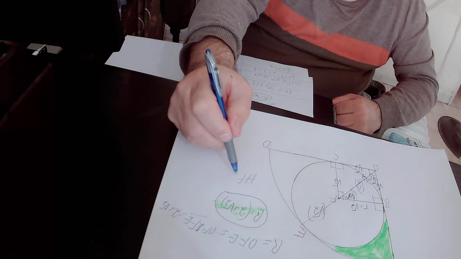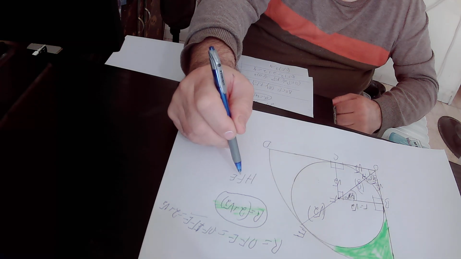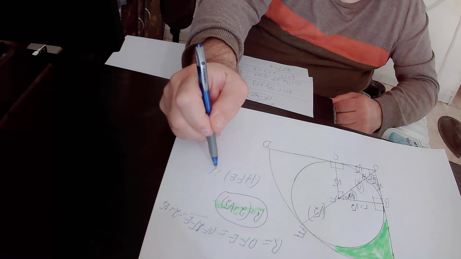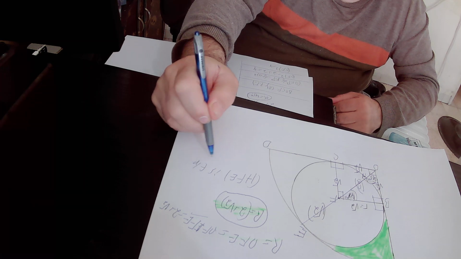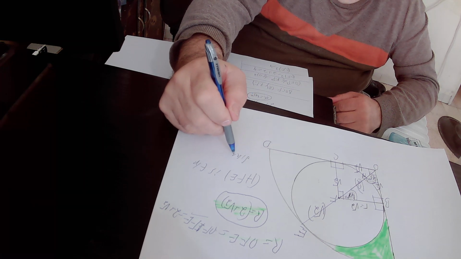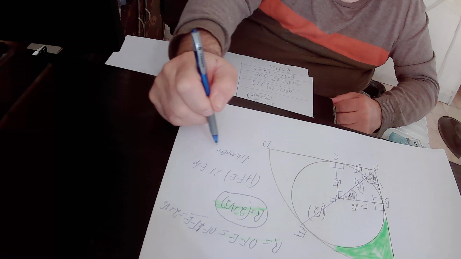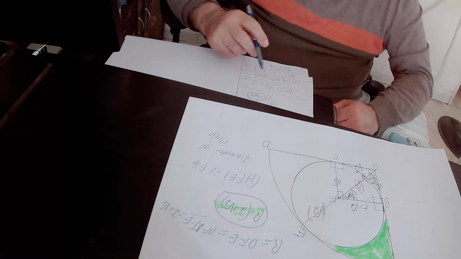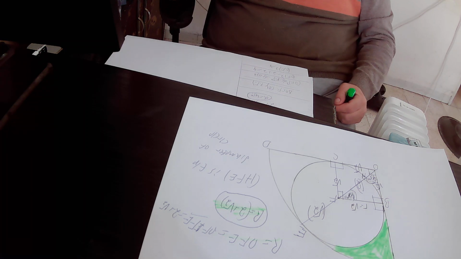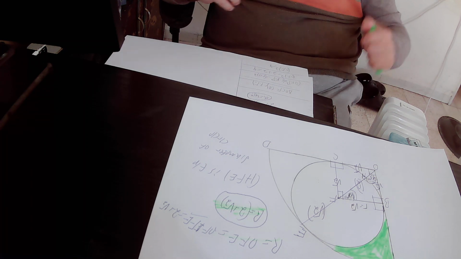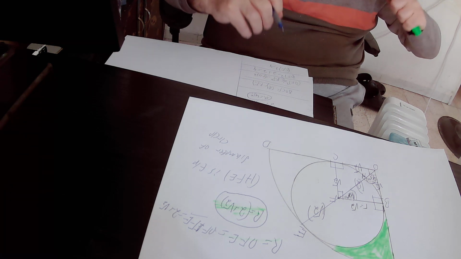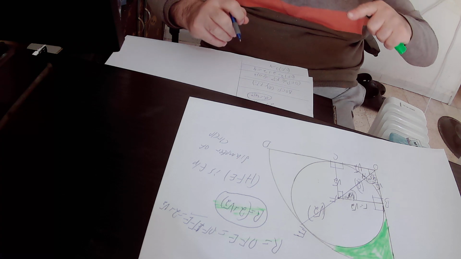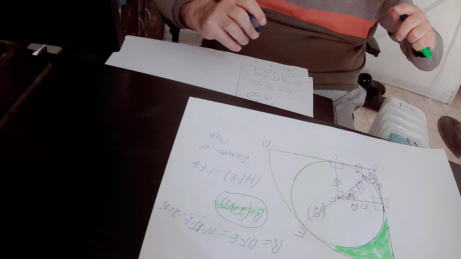Edge FE, line segment FE, is the diameter of the small circle. And we also know that any diameter of any circle bisects the circle into two equal areas, two halves.